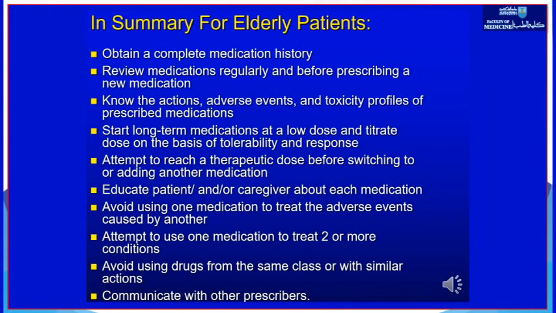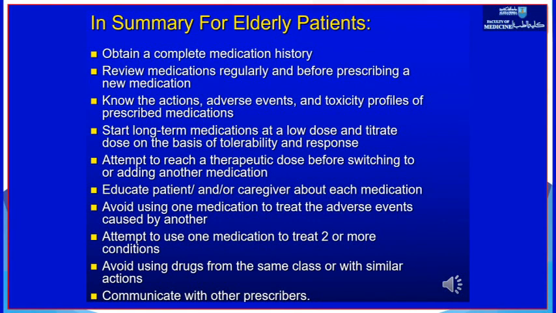In summary, for elderly patients, obtain a complete medication history, review medications regularly and before prescribing a new medication, know the actions, adverse events, and toxicity profiles of prescribed medications, start long-term medications at a low dose, and titrate the dose on the basis of tolerability and response. Attempt to reach a therapeutic dose before switching or adding another medication. Educate patient and/or caregiver about each medication.